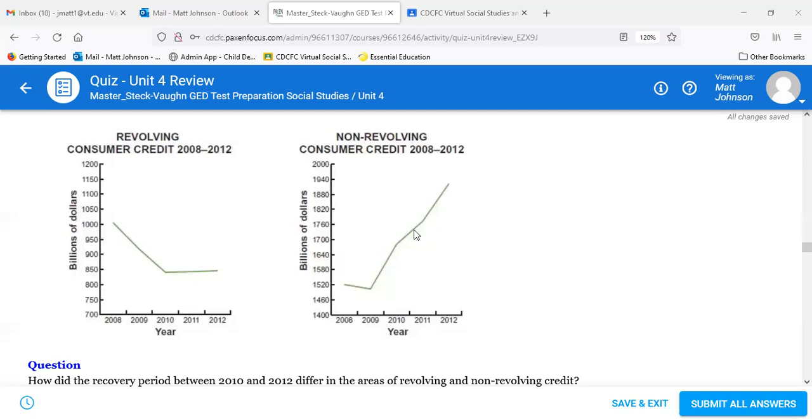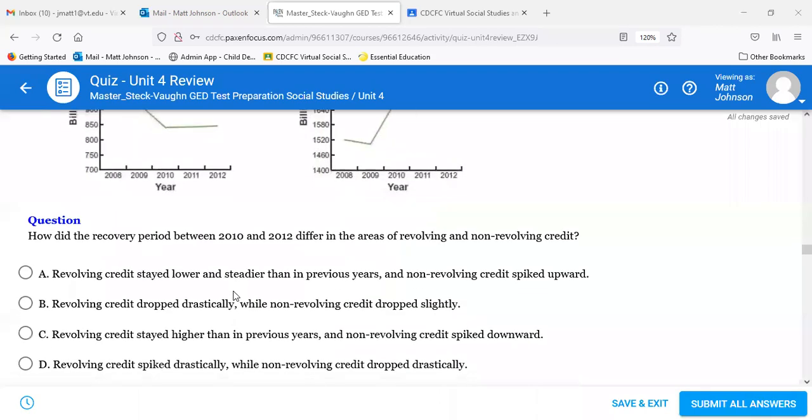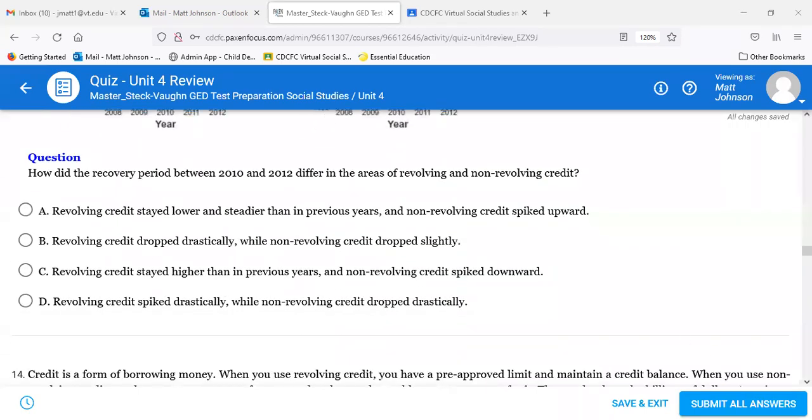And so let's take a look at our question then. Let's go to Tracy. Did you answer question 13 for us? How did the recovery period between 2010 and 2012 differ in the areas of revolving and non-revolving credit? A, revolving credit stayed lower and steady than the previous years, and non-revolving credit peaked upward.